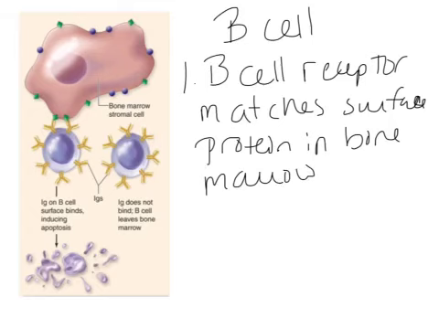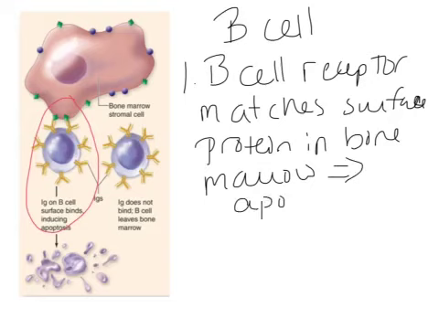That means that B cell is able to bind to your own cell, which is bad. We don't want that, right? So our result here is going to be apoptosis.